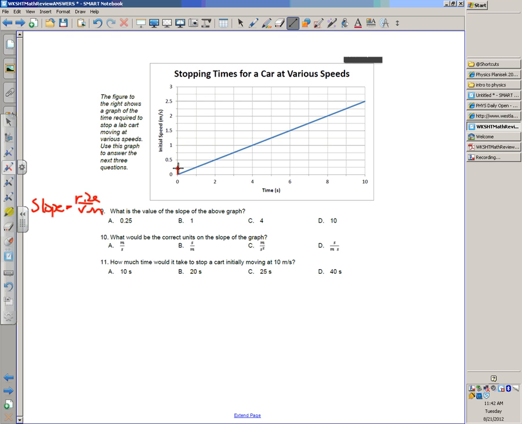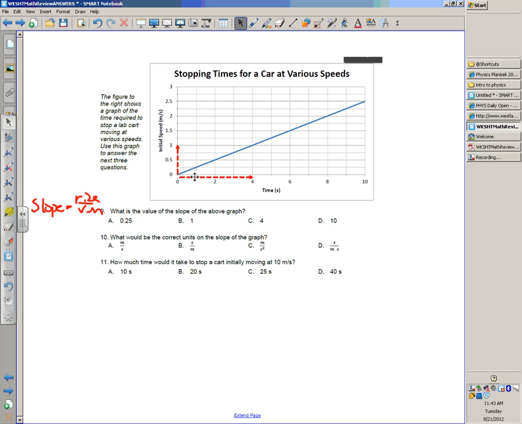If we go up the y-axis to 1 second, if we rise 1 second, and then we run across to where it hits the graph, we should see that it intersects right around 4 seconds. Is that correct? Okay.